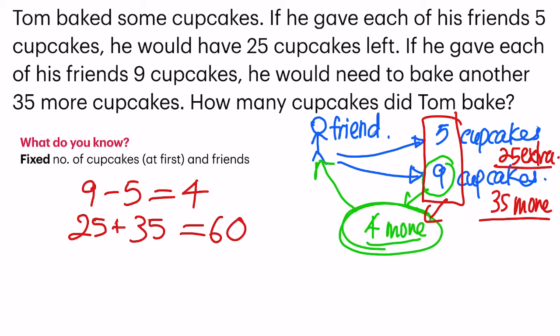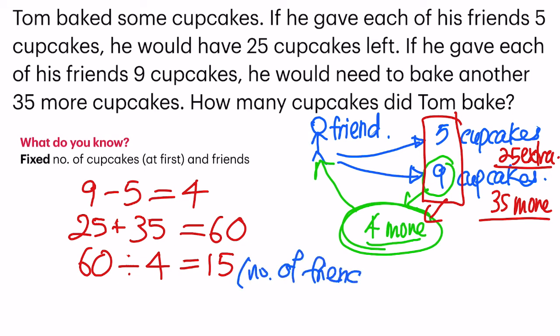So we're going to divide 60 divided by 4 is equal to 15. So with that, I take the total difference divided by the individual difference. I actually get the number of friends, which is 15.